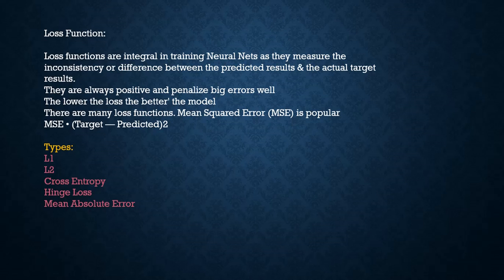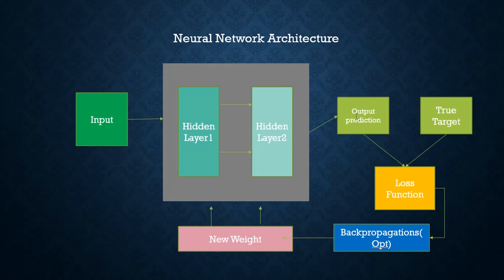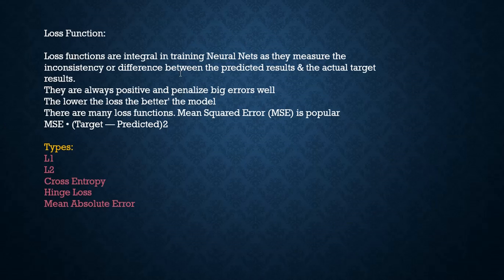As I said earlier, the loss function will calculate the minimum loss, using the predicted results and the actual target value. This is the predicted result and this is the actual target value. By comparing these two values, the loss function measures the accuracy. That is the difference between the predicted results and the actual target value. They are always positive and penalize a big error well.